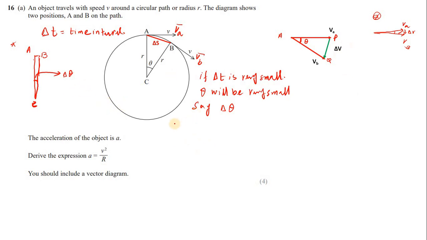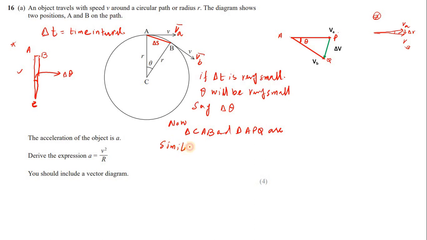Now triangle CAB, or this small triangle CAB, and triangle APQ are similar triangles.